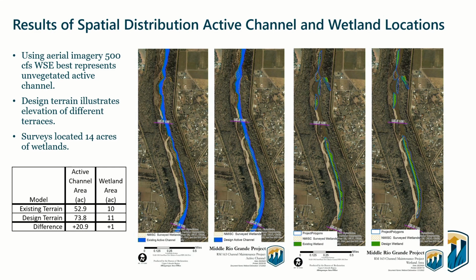What you could see if this was a little bit bigger is that in the existing terrain, we were able to recreate the active open channel using about 500 CFS water surface elevation. That's pretty much consistent with those of you who know the river: around 500, the river rarely gets below 500 CFS, and so that's about where we'd expect the active channel to occur.